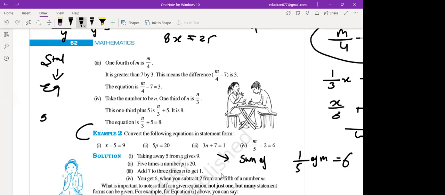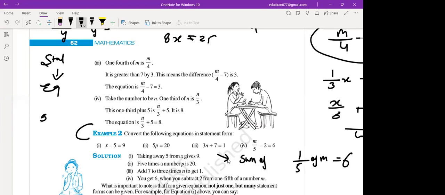Tell me what you have written. For the second one, I wrote multiplying 5 and p gives us 20. Yes, fine. And for the third one, I wrote multiplying 3 and n, then adding 7 to the product. No, you will write 3 times of n.